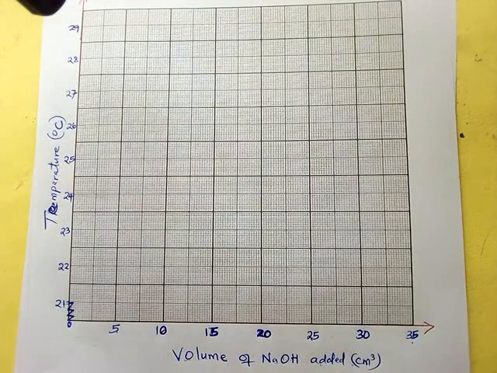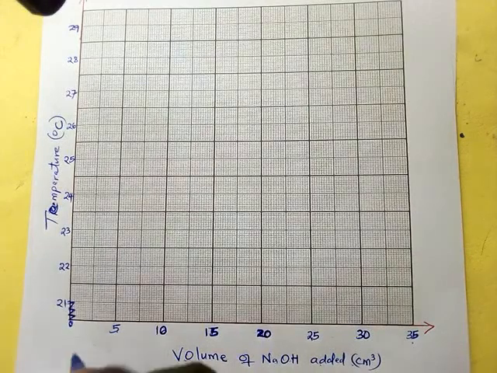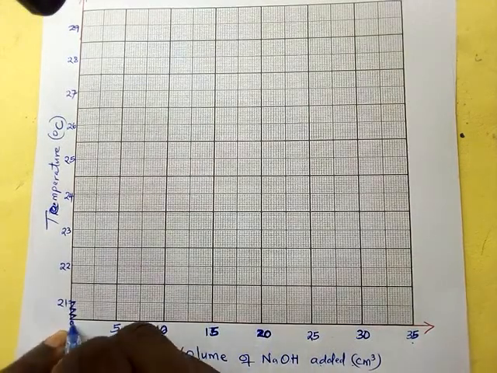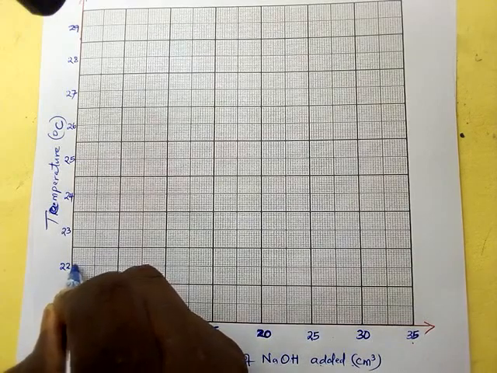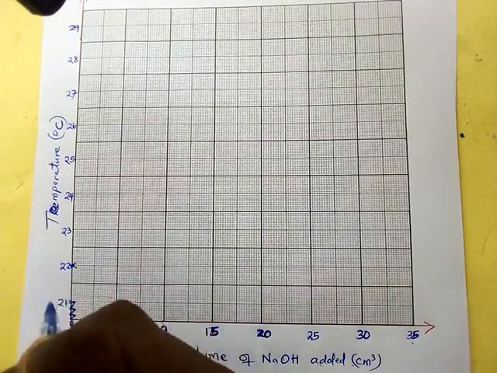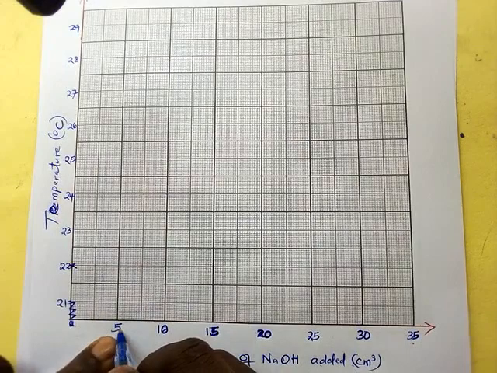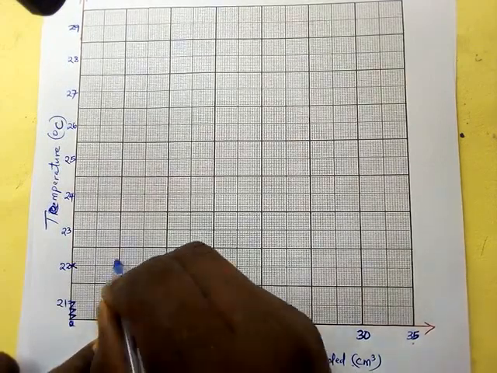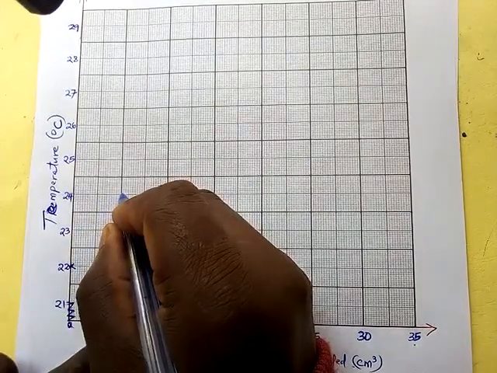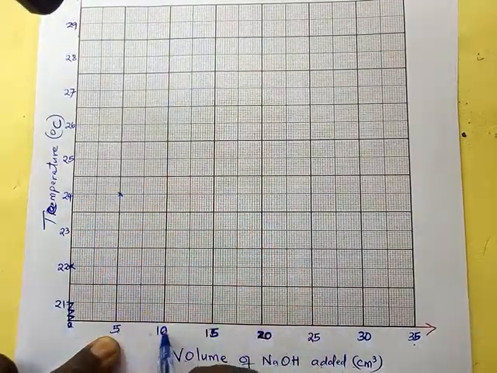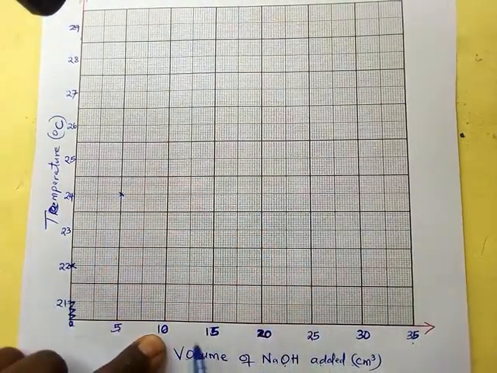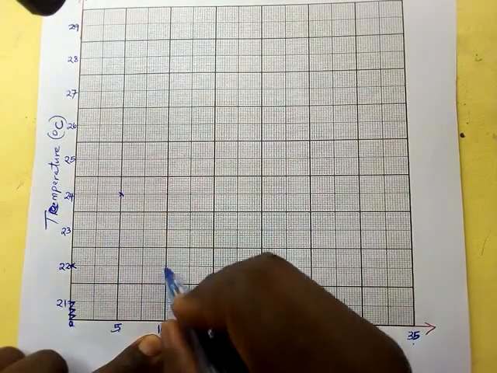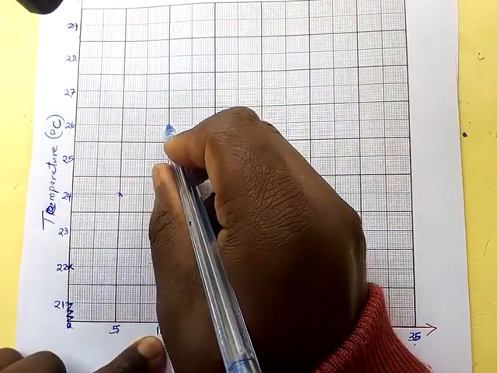So let us plot the graph together. When the volume added is 0, the temperature is 22. We record that. When the volume of sodium hydroxide added is 5, the temperature rose to 24. So this is 24 here. When 10 cm³ of sodium hydroxide is added, the temperature rose to 26.